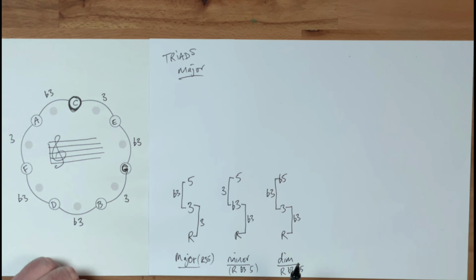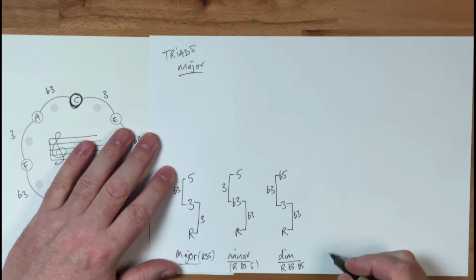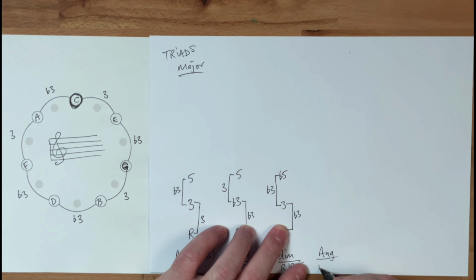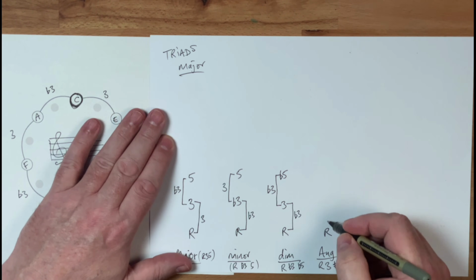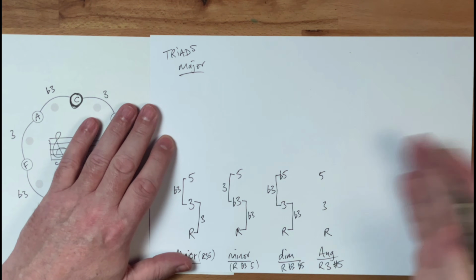And I was talking about these last week as well. Okay. And then the last one I'm going to do for this lot actually is we get a root, we get a major third, and then what happens is we get a sharp five or a plus five. You can look at it in that way. We get an augmented chord, so we can go root, third, fifth, and now we alter them.